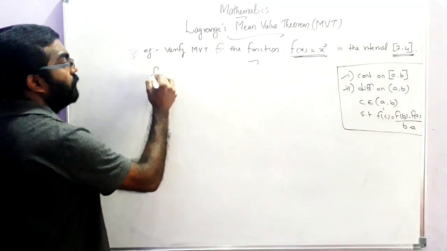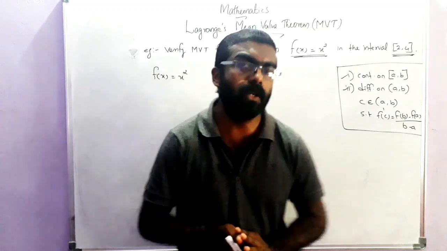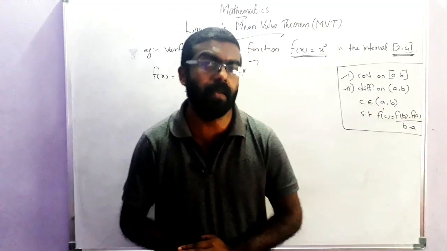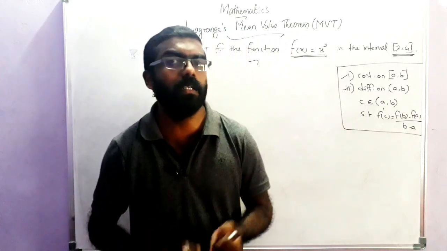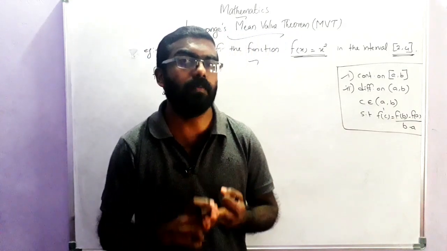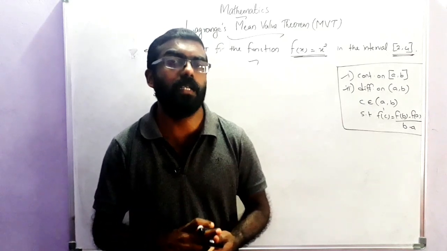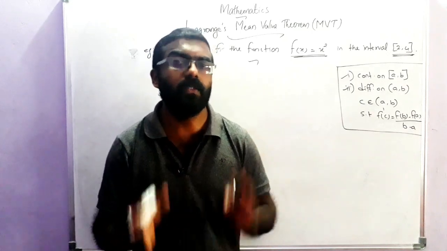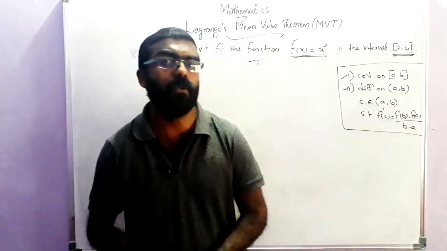So given f(x) is equal to x square, since f(x) is a polynomial, it should be continuous everywhere. We know the continuous functions are polynomial functions, trigonometric functions, exponential functions, logarithmic functions, inverse trigonometric functions, constant functions. These all are continuous in their respective domains.